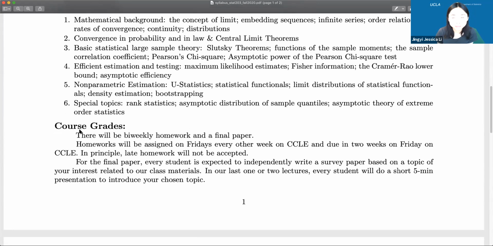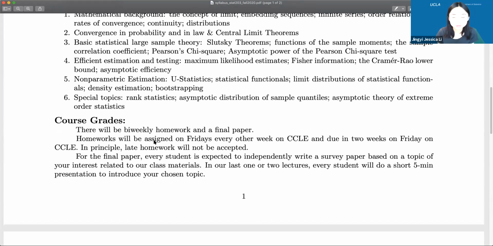Okay, so about the expectation, or how we evaluate your performance. We will assign you a bi-weekly homework. Because of this remote teaching, your homework will be submitted to CCLE. If you have the capacity to type in your answers, because it will involve a lot of math notation, using LaTeX will definitely be preferred, especially for all the PhD students in the statistics department or related quantitative majors, where using LaTeX is basic.